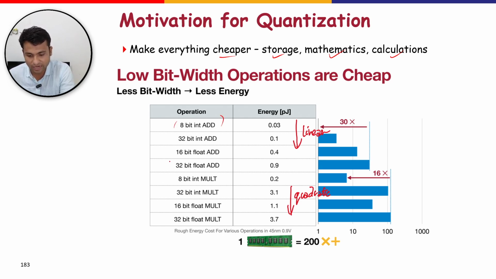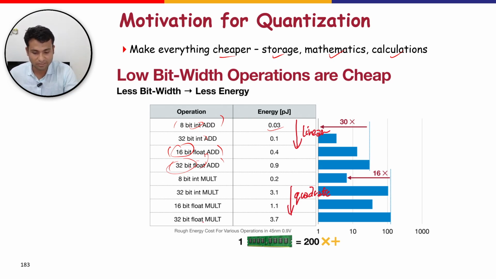If you compare an 8-bit add versus a 32-bit float add, going from float to int you get almost a 30x reduction, and it keeps reducing. From 32-bit floating point to 16-bit floating point it has reduced, then from 32-bit int and 8-bit int it's almost 0.03 picojoules. So much you're saving.